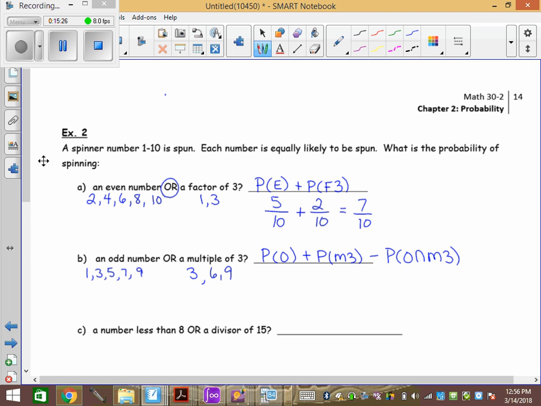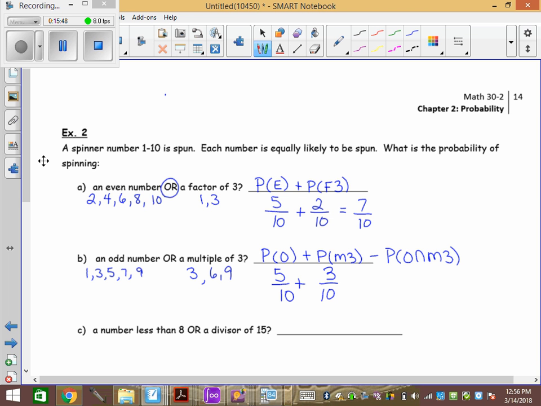So we take it back off once so that we don't actually have too much, counting it too many times. So what's the probability of an odd number? 5 out of 10. Multiples of 3? 3 out of 10. What's our problem right now if we put this answer? We've counted what? 3 and 9 how many times? Twice.